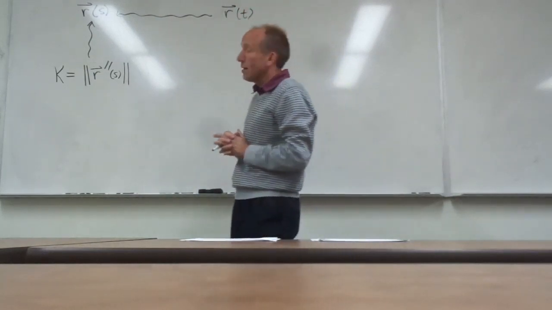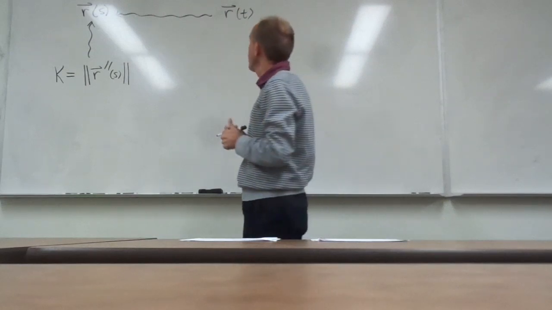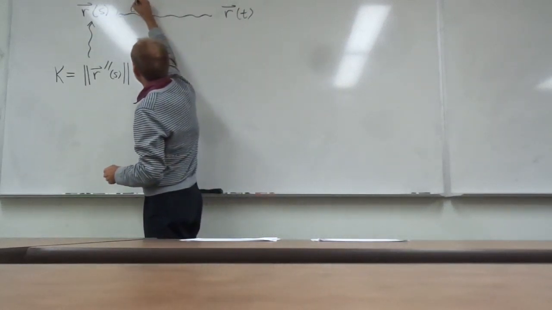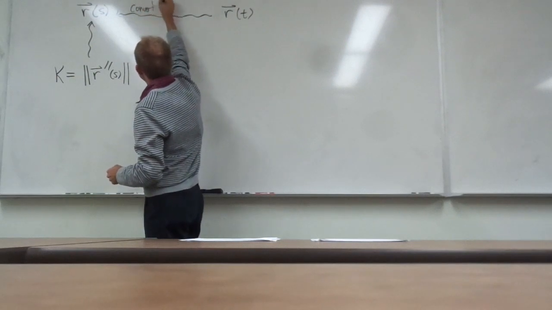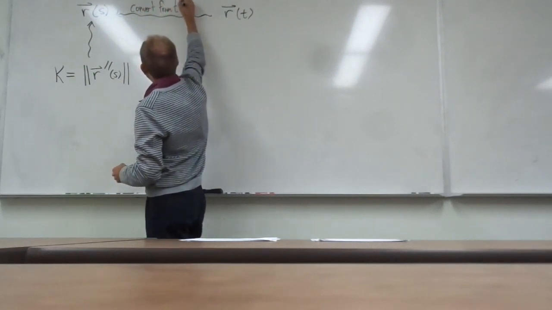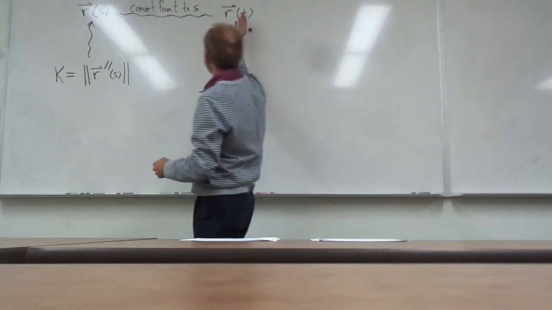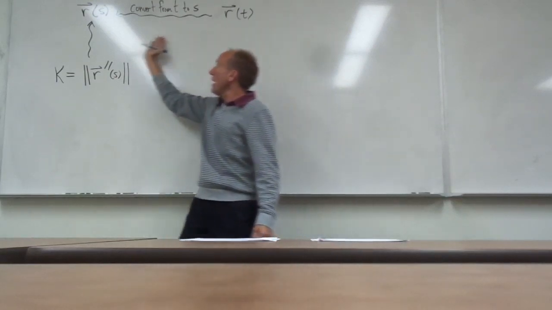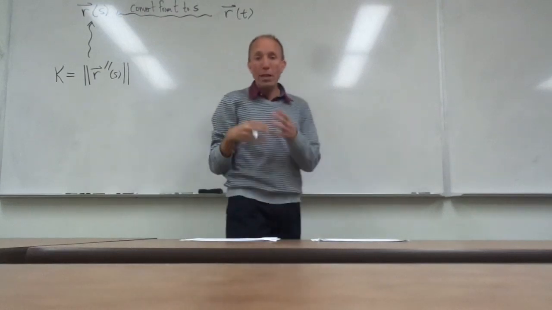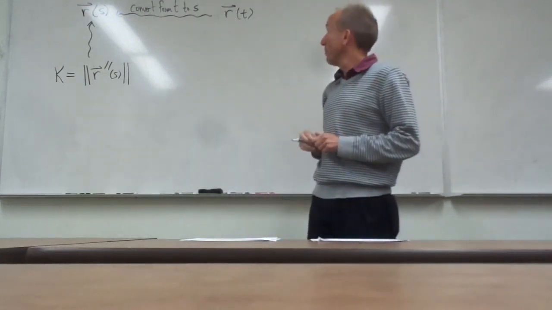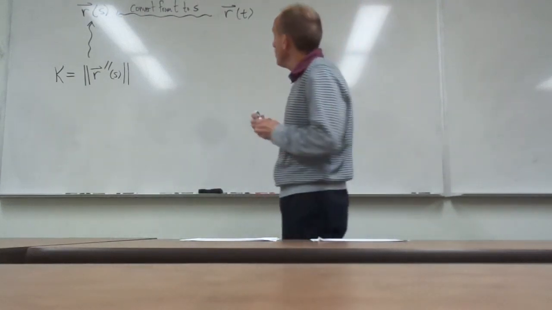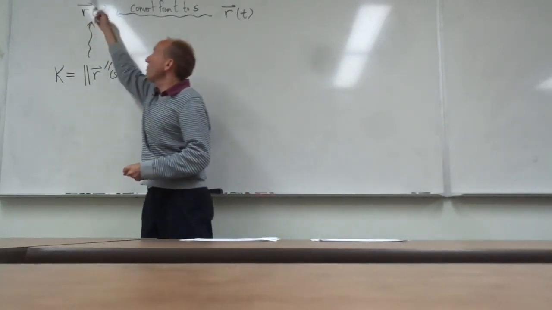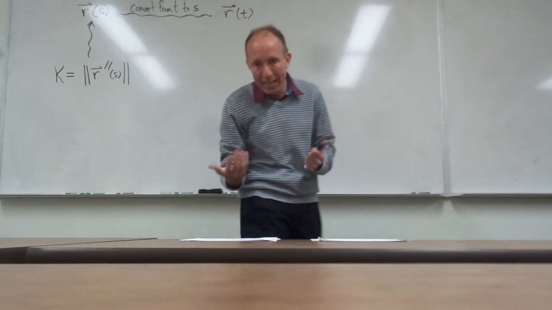What we could do, of course, is convert it, and we did this in class, from t to s. We could take our position function in terms of t, write down what the arc length s is in terms of t, and then use that to replace our function so that we have a position function in terms of s.